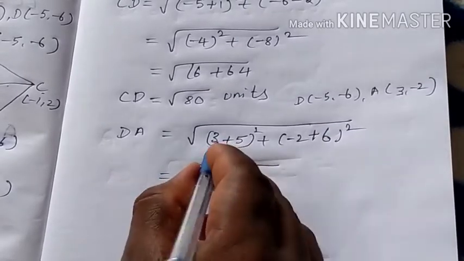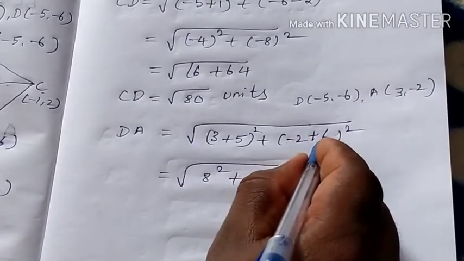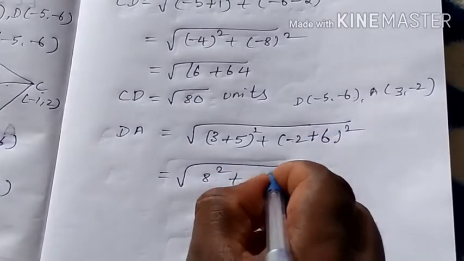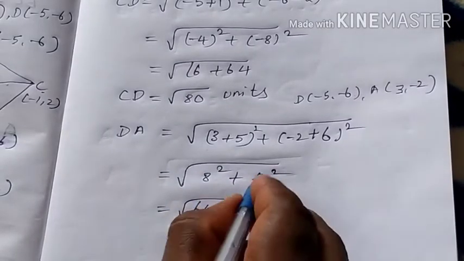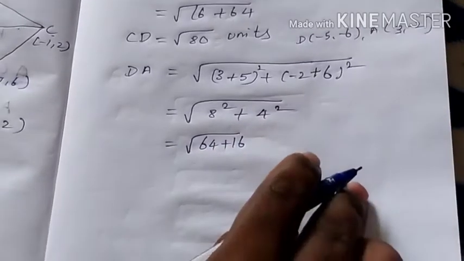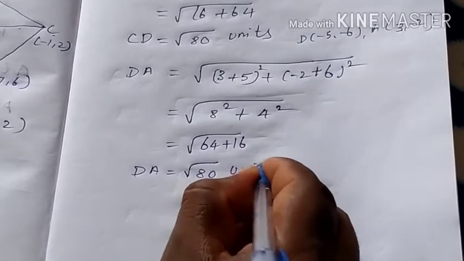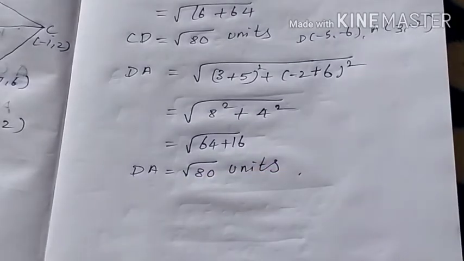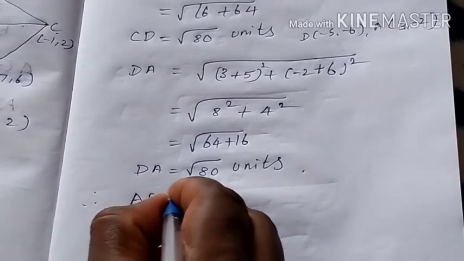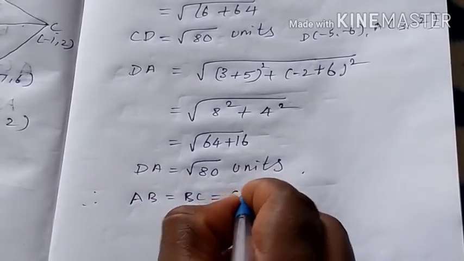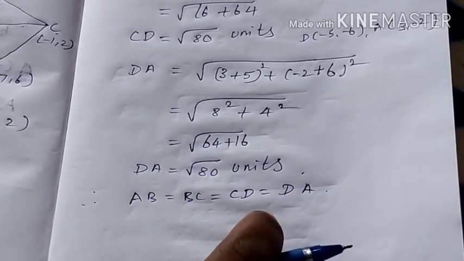The square root of (3 plus 5 is 8) squared plus (minus 2 plus 6 is 4), so 4 squared, which is equal to the square root of 8 squared 64 plus 4 squared 16. Now also we get the DA value, square root of 80 units. Therefore we get AB equal to BC equal to CD equal to DA. All sides are equal. The first condition is over.